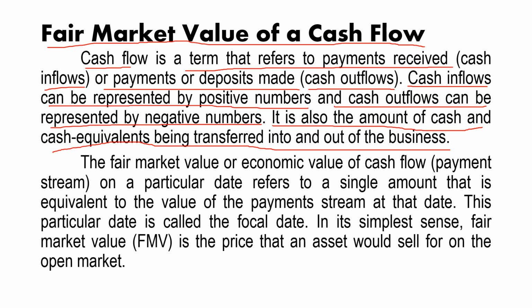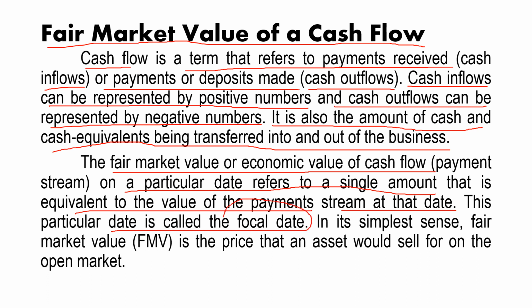While the fair market value or economic value of cash flow payments on a particular date refers to a single amount that is equivalent to the value of the payments at that date. This particular date is called the focal date.